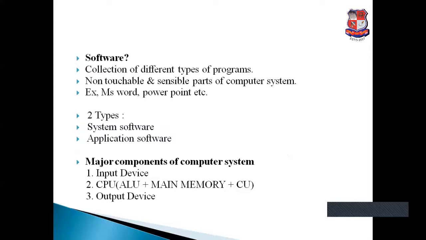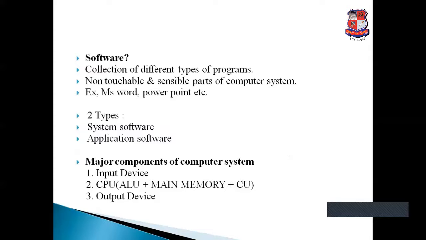Next term is software. Basically, it is a collection of different types of programs. If you are binding more than one program together, then it is known as software. A program is a set of different types of instructions, different types of tasks.